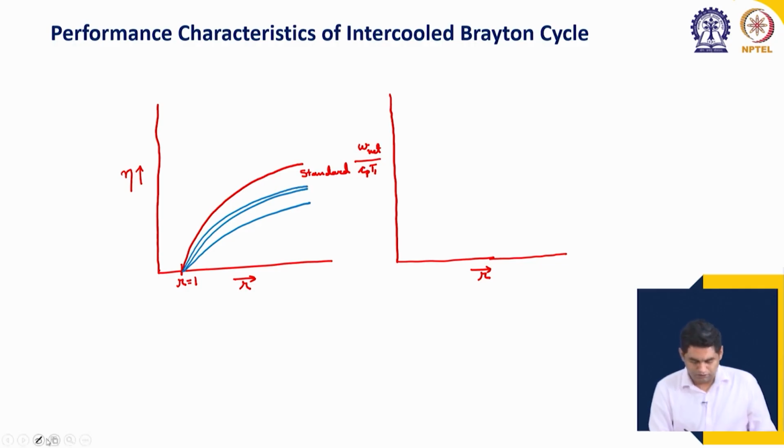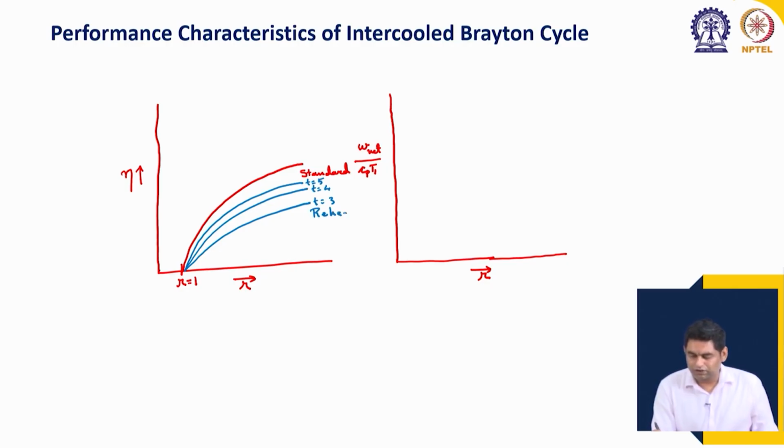Let us draw it with some separation. Okay, so, this is for say t equal to 3, t equal to 4, t equal to 5 for reheat.